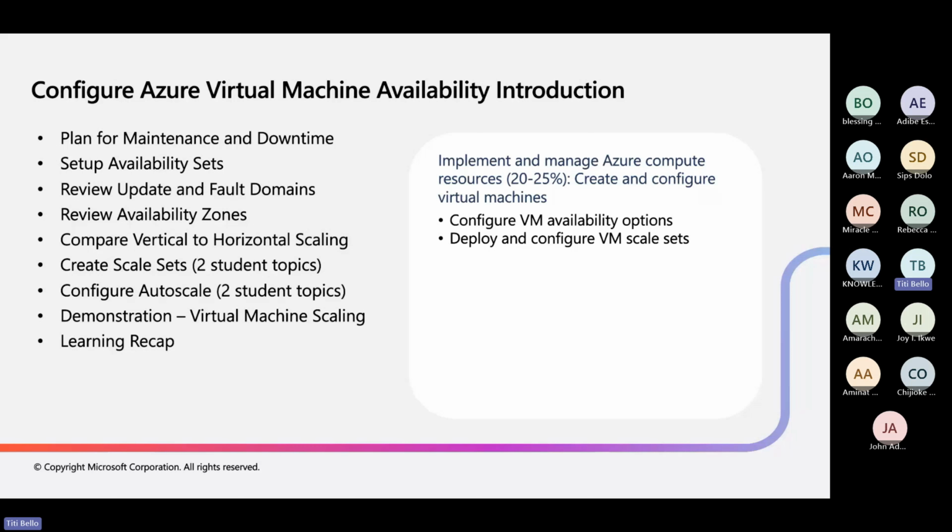So for example, I gave the example of 3 instances. Say, this one is for web, the other one is for security, the other one is for storage. So the availability set is a logical grouping. It groups your virtual machines based on function. That's what the availability set does.